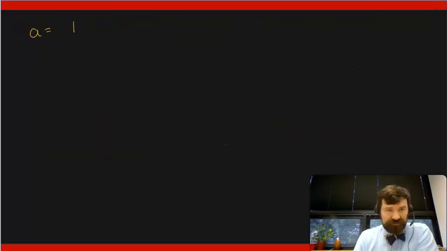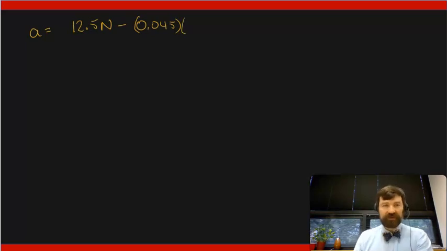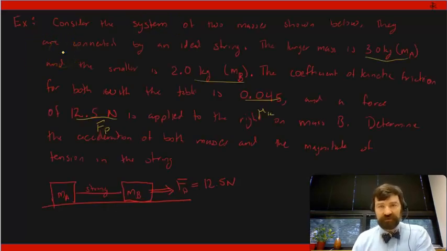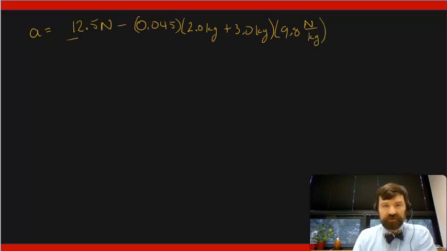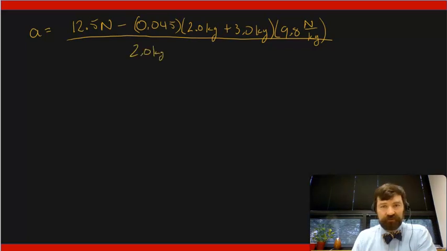So what we have is 12.5 newtons of pull force minus 0.045 coefficient of friction times, and then it was 3 and it was 2, so times 2 kilograms plus 3 kilograms times 9.8 newtons per kilogram, which is the g factor, all divided by 2 kilograms plus 3 kilograms.